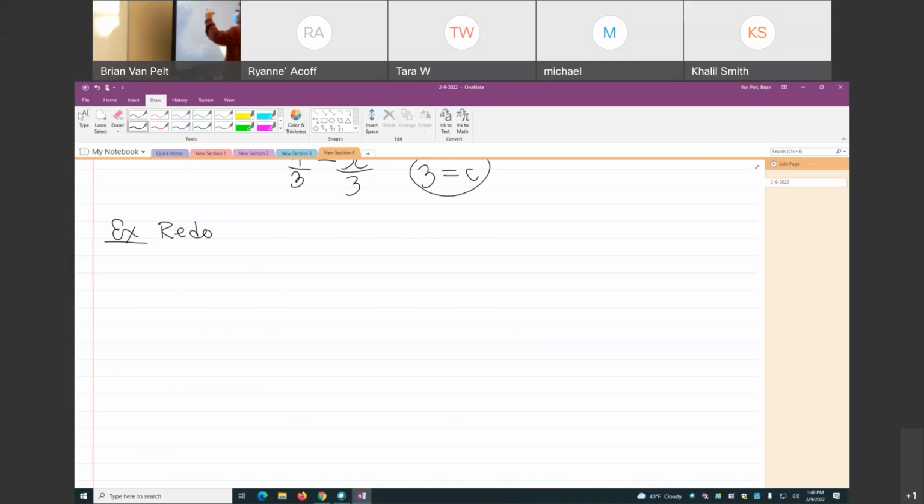We have 1/2 C plus 7/4 equals 5/4 C minus 1/2.